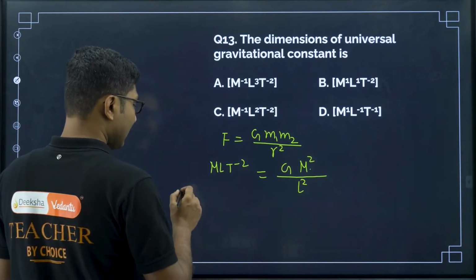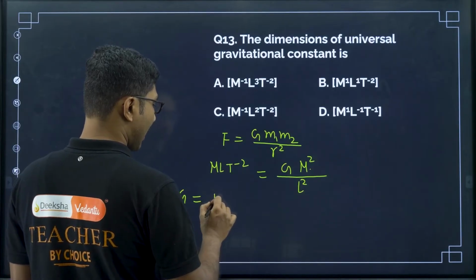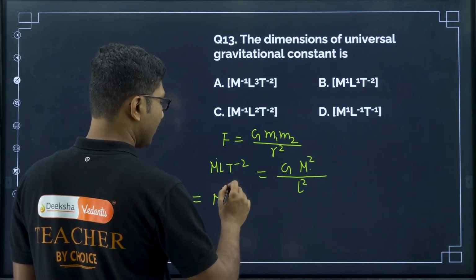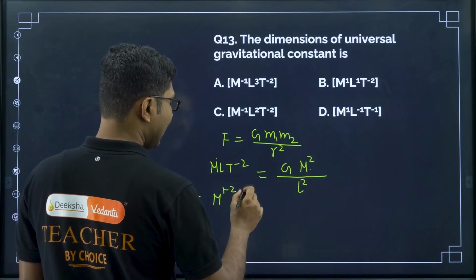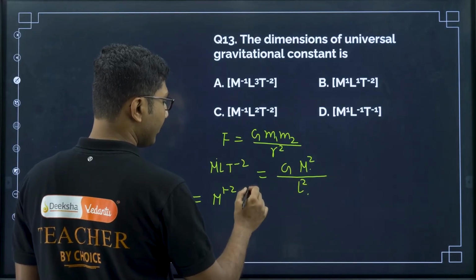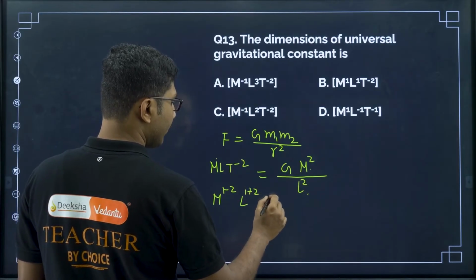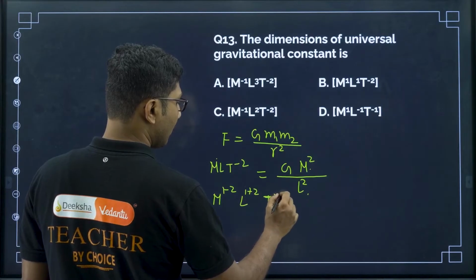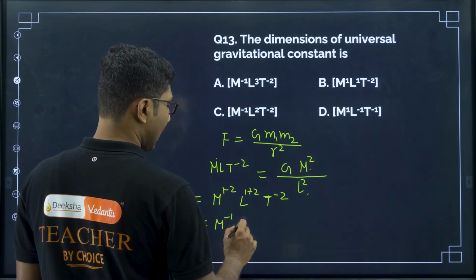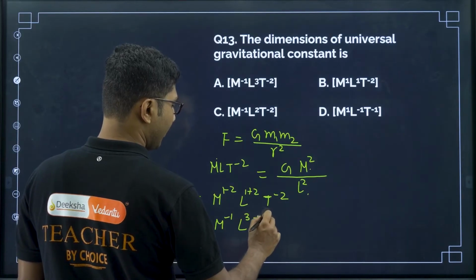Now, let us find the dimension of G. So, M square from this side comes to that side, so it will become M to the power minus 1. L square was in division, so this will go up and it will become L cube. And T to the power minus 2.